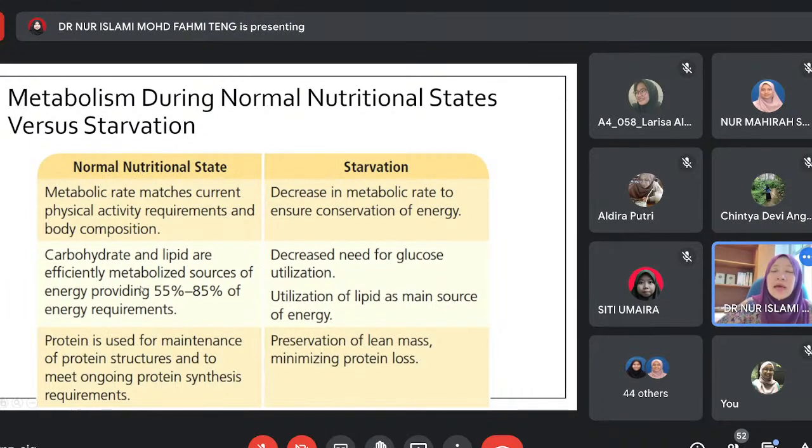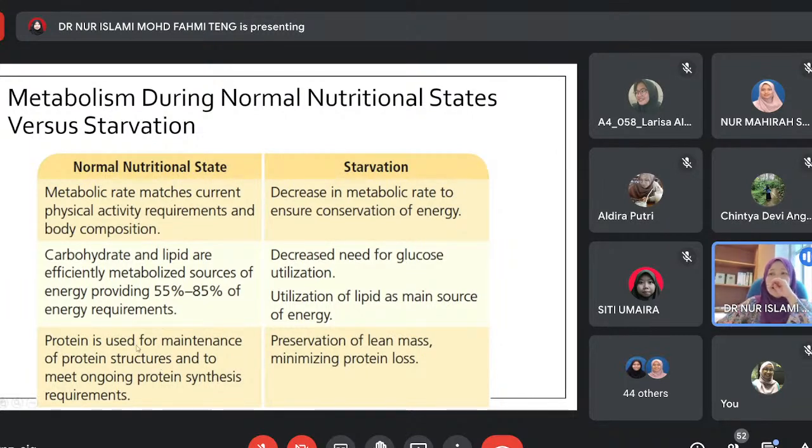And during normal state, carbohydrate and lipid are efficiently metabolized sources of energy that provide about 55 to 85% of energy requirement. However, during starvation, there is a decreased need for glucose utilization, and we utilize lipid as main source of energy. This is the lipolysis.